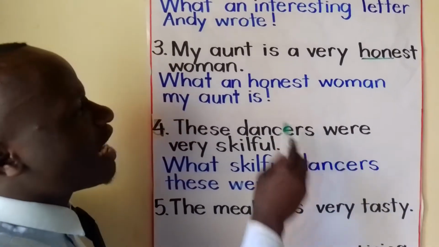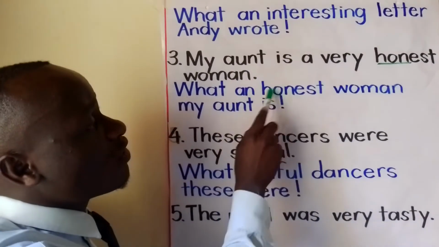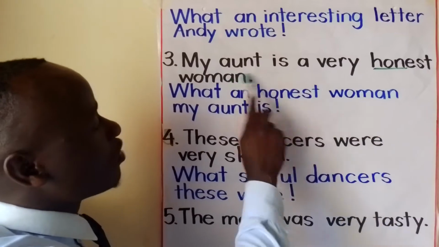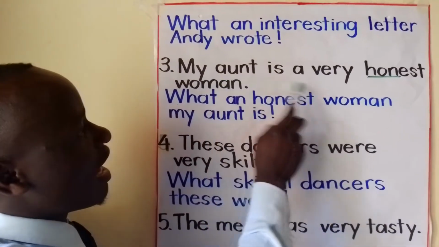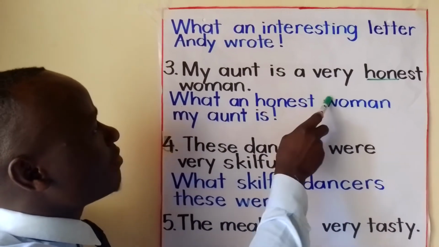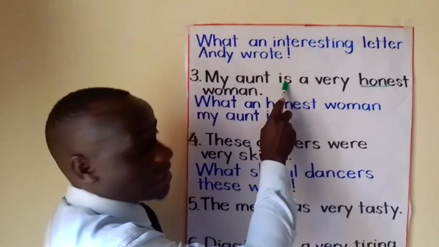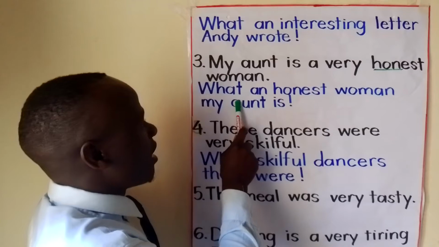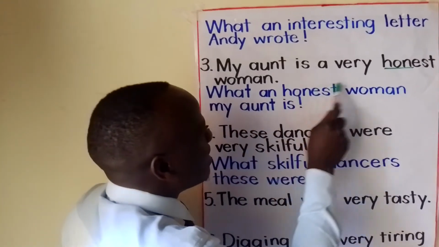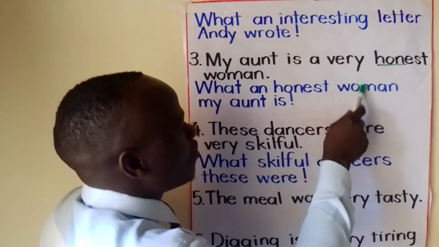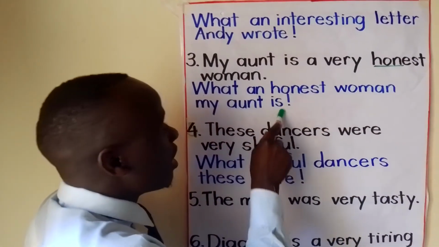So we put article an before this particular adjective. After the adjective, we put a common noun, which is woman. After the common noun, we put the subject, which is my aunt, and we end with a verb in this particular sentence. So our answer becomes, what an honest woman my aunt is.